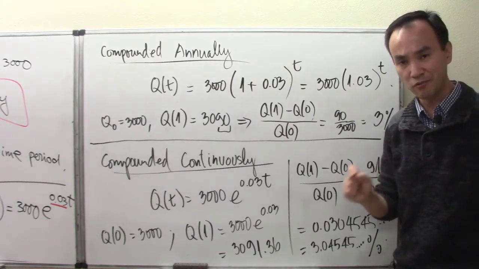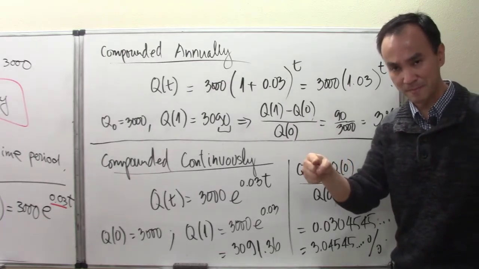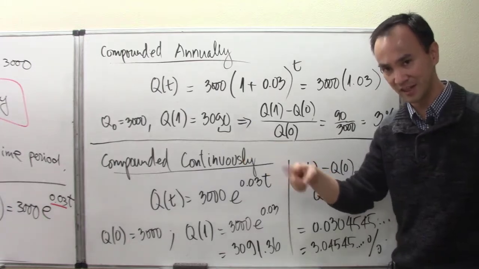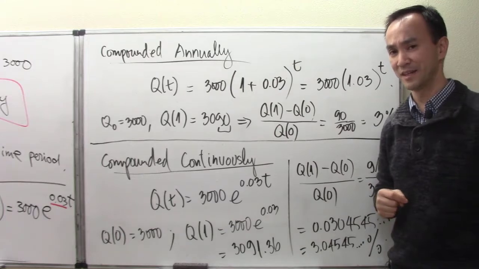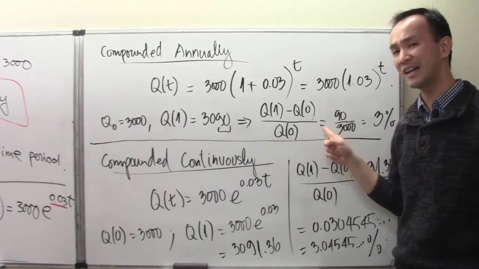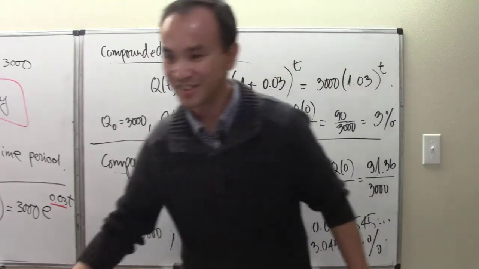Every year we're going to produce about 3.04545 and a lot longer percent from the previous year. But it does happen to be a little bit higher than what's stated.